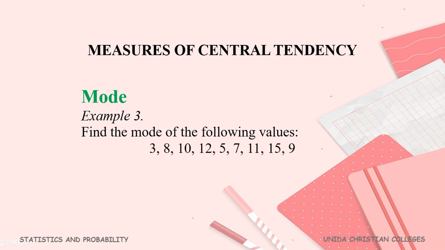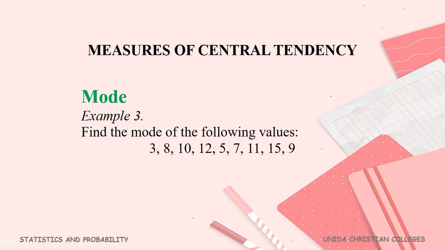We have here 3, 8, 10, 12, 5, 7, 11, 15, and 9. Ayan, observe natin ang ating given na values or given na data. May nag-occur ba most frequently? Meron ba? Kung mapapansin po natin, lahat ng ating given na data ay unique, meaning walang magkakapareho.